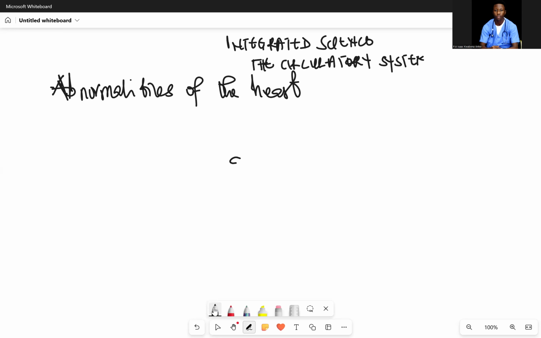Well, it means defects. Any condition where the structure of the heart is not normal, or any condition in which the function of the heart becomes abnormal. That's what we mean by abnormalities of the heart.